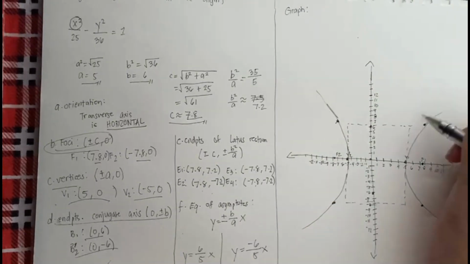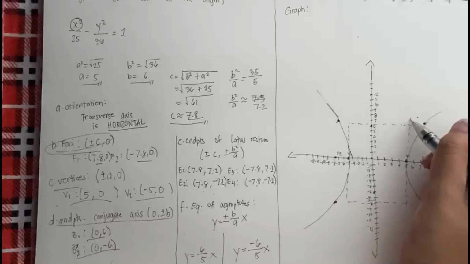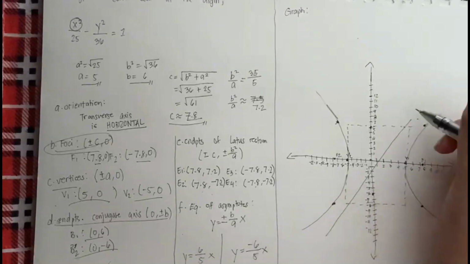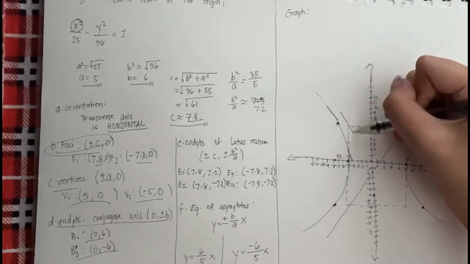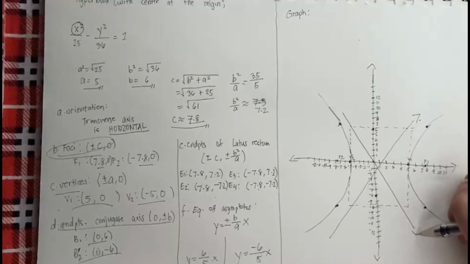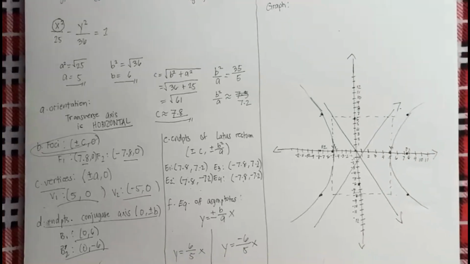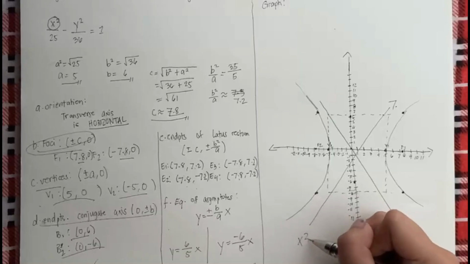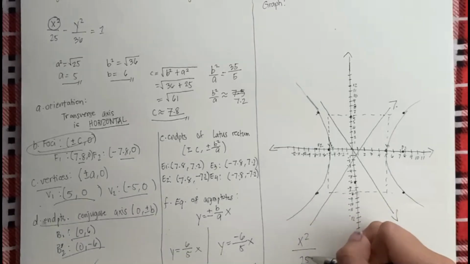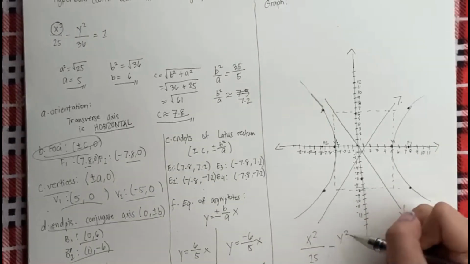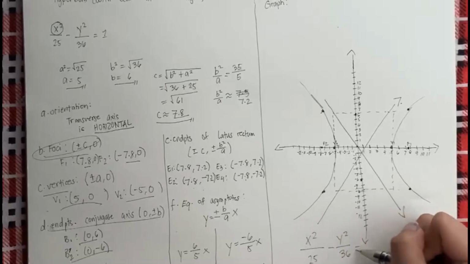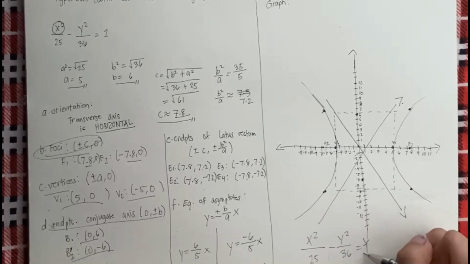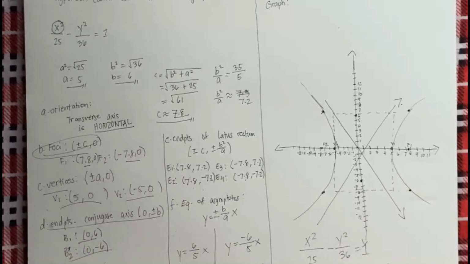And then you have to put the next lines, which are called the asymptotes. So this is the graph of the equation x squared over 25 minus y squared over 36 equals 1.